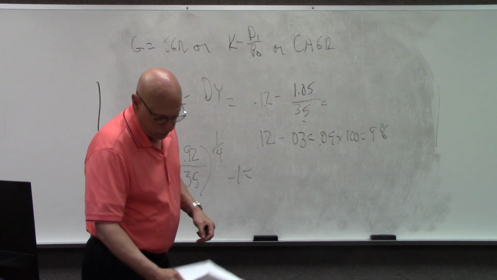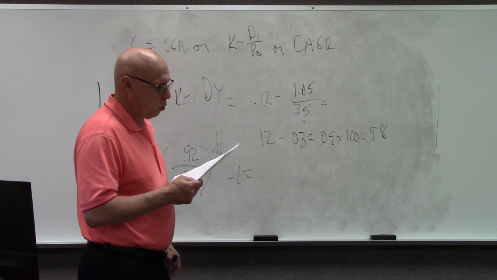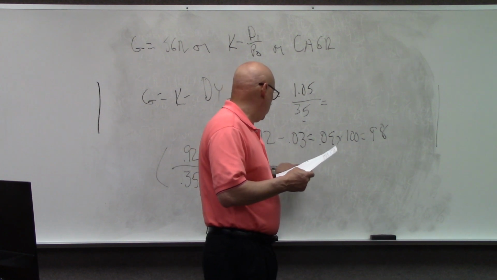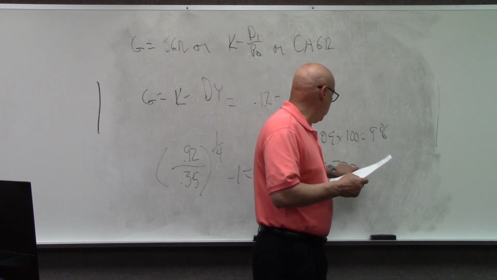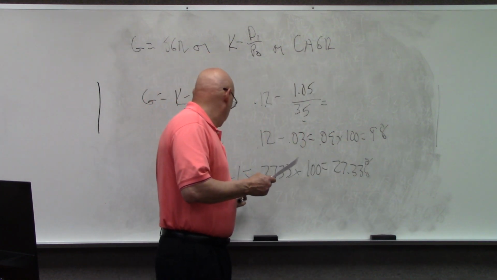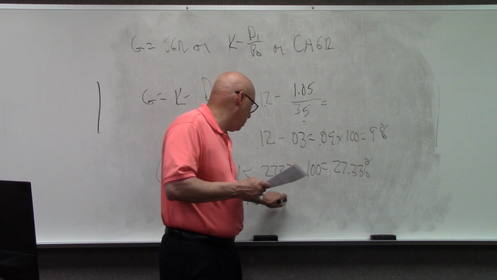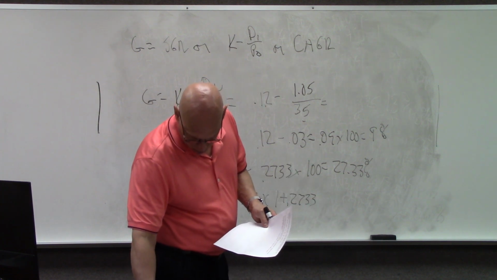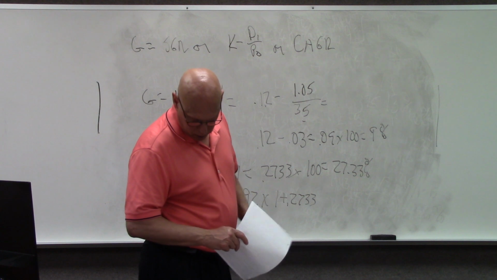So that's 0.2733, times 100, which is 27.33%. What will their next dividend likely be? It is going to be 0.92 times 1 plus the growth rate. 1.2733 times 0.92 equals $1.17.